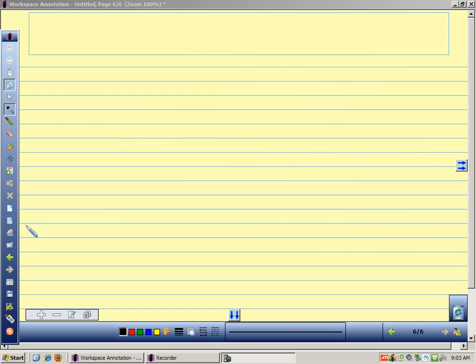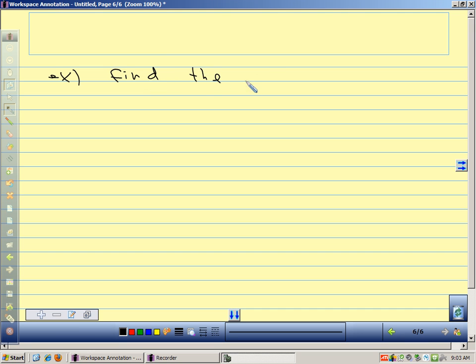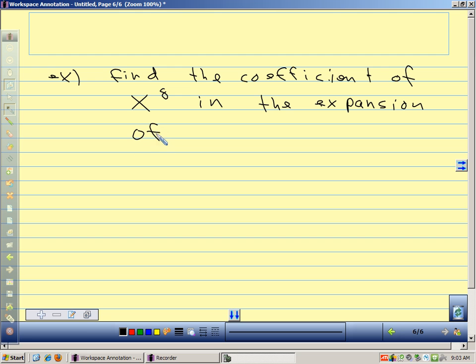We do have homework. In this example, we want to find the coefficient of x to the 8th in the expansion of x squared plus 2 to the 12th.